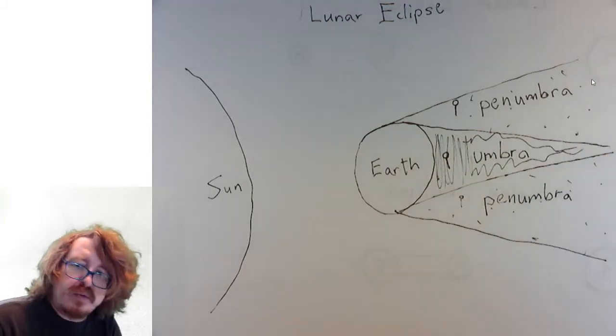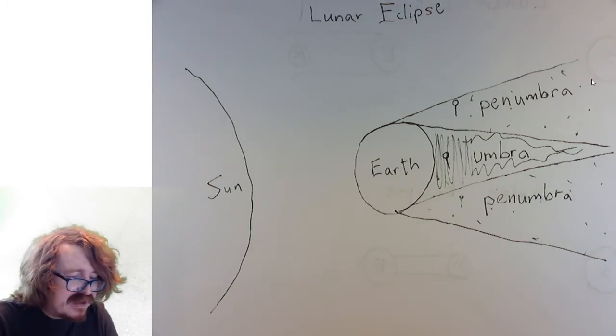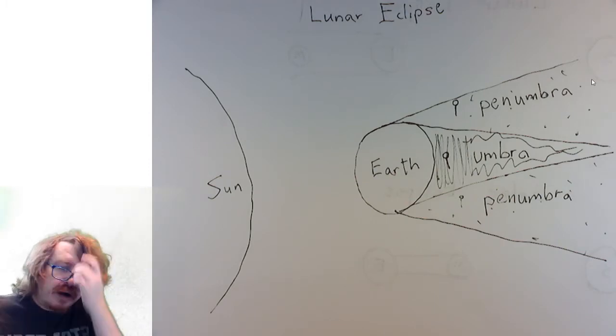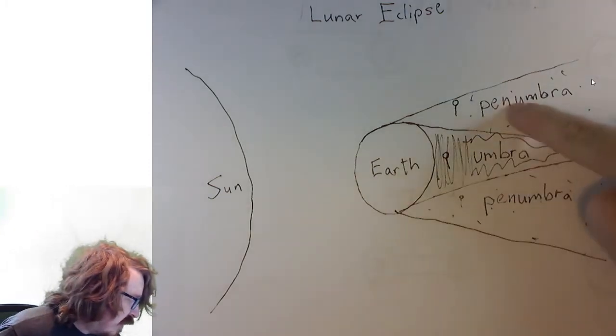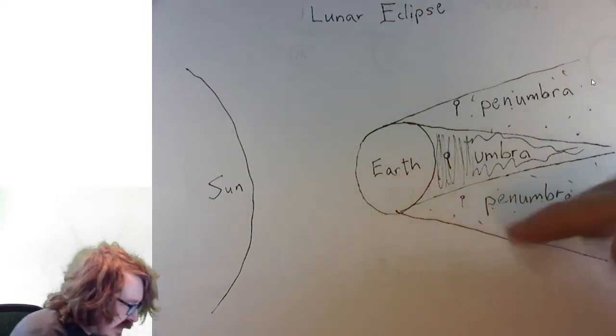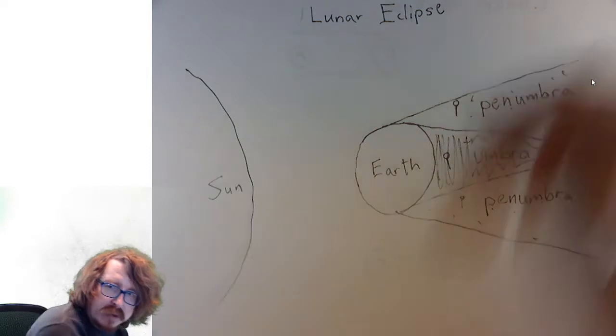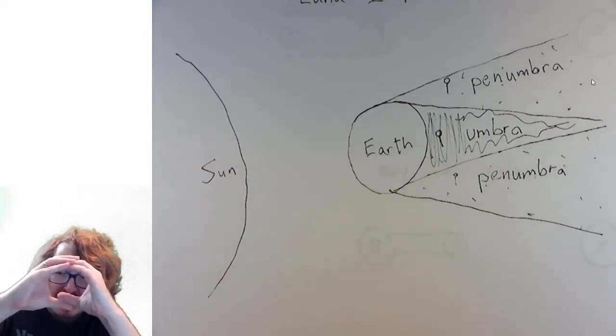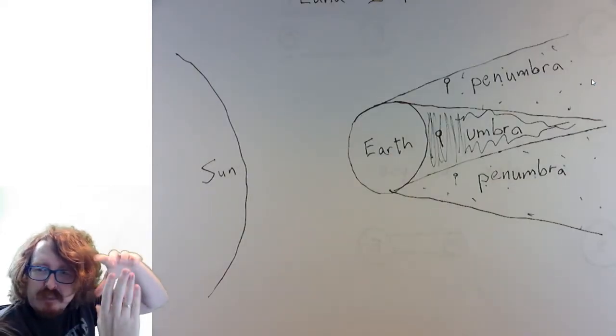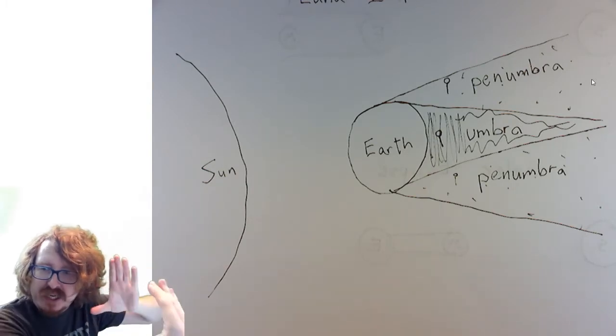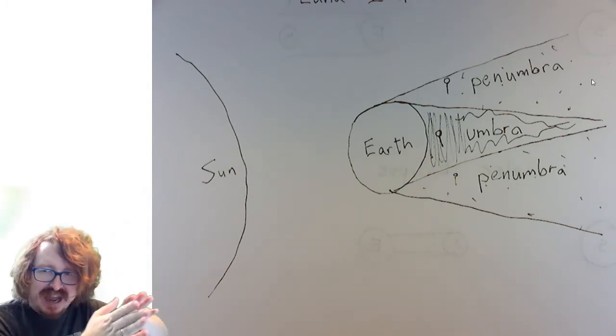And here's something really important: the Penumbra is not as dark as the Umbra. And it's not just above and below. This should be 3D, so it should spin all the way around the Umbra. You've got a dark Umbra center with a Penumbra all around it in all directions. It's like the edge of the shadow.